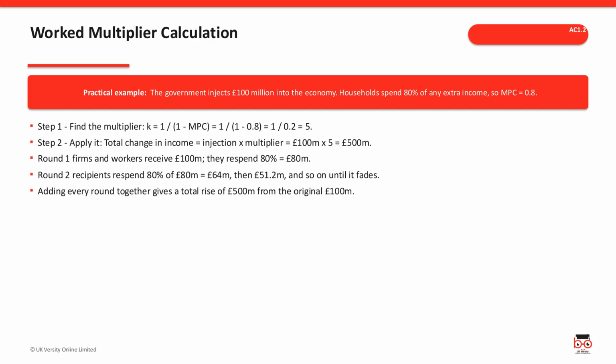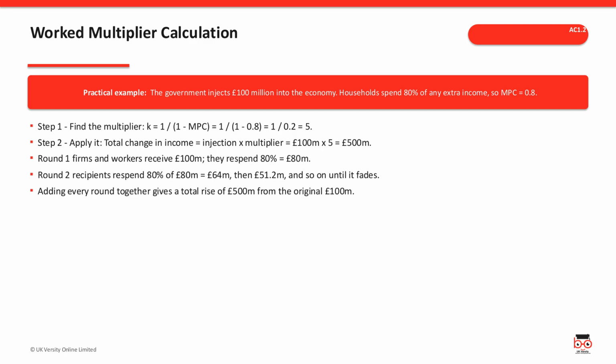Let's put numbers on it. Suppose the government injects £100 million and households spend 80% of any extra income, so the marginal propensity to consume is 0.8. The multiplier is 1 divided by 1 minus 0.8, which is 1 over 0.2, giving 5.